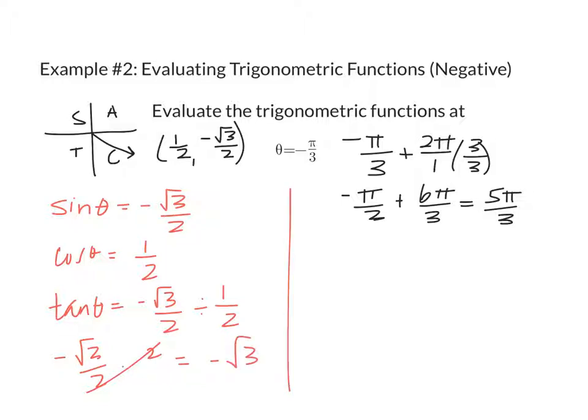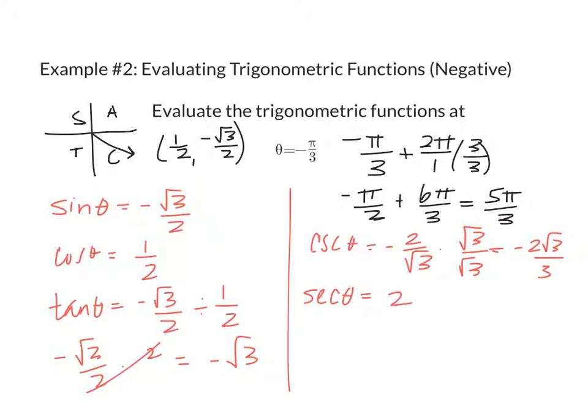Okay. The cosecant theta, which is the reciprocal of sine, would be negative 2 over square root of 3, but I have to rationalize that. So it gives me negative 2 square root of 3 over 3. Secant theta is the reciprocal of cosine. The reciprocal of 1/2 is 2.